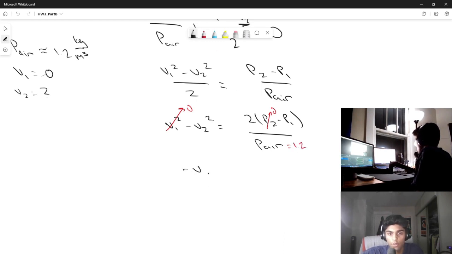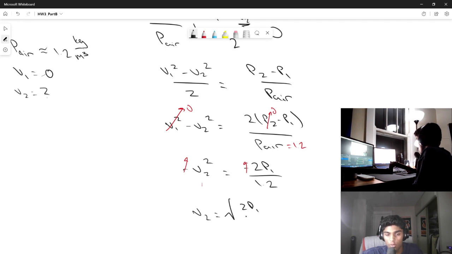So negative V2 squared is equal to negative 2 times pressure 1 over 1.2. These negatives cancel each other out, and then we square root both sides. So we should get V2 is equal to the square root of 2 times pressure 1 over 1.2.